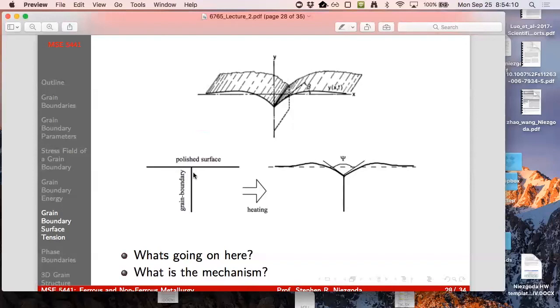Right, but we're going to diffuse, so now we have a net loss of material at this intersection and sort of get a hill moving away, right? But it's just the balance. You just think about it in terms of the balance of forces.